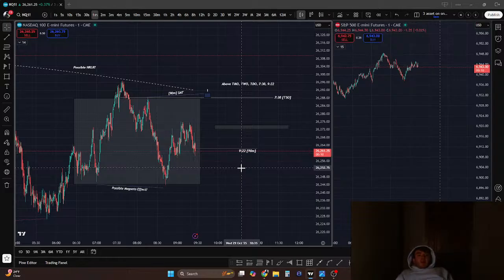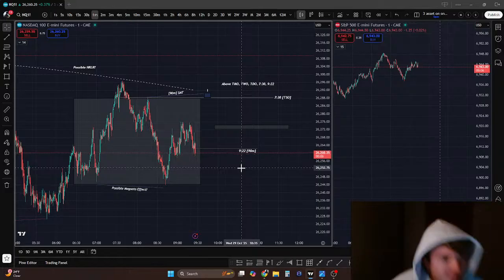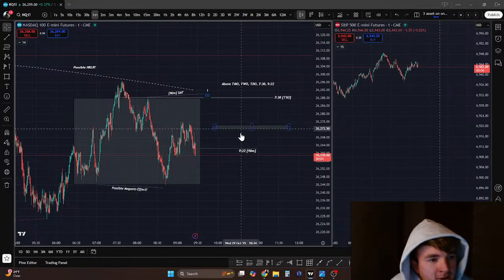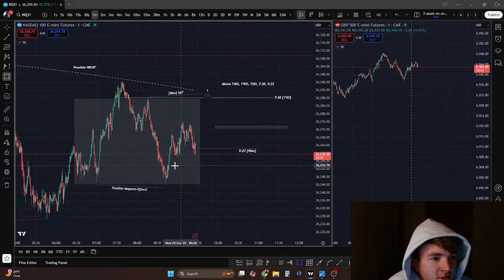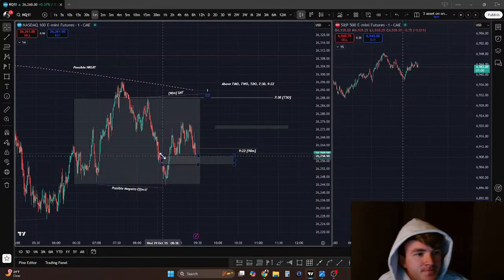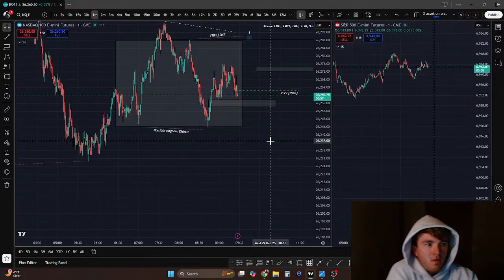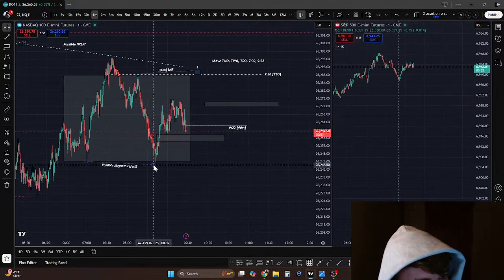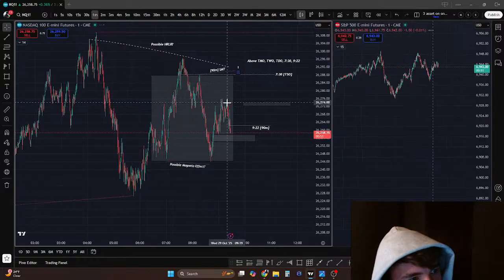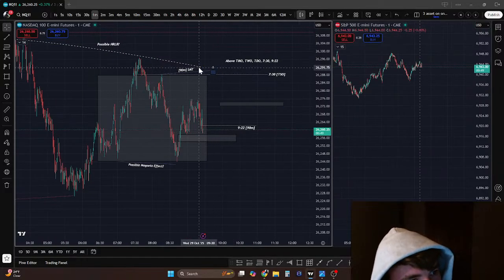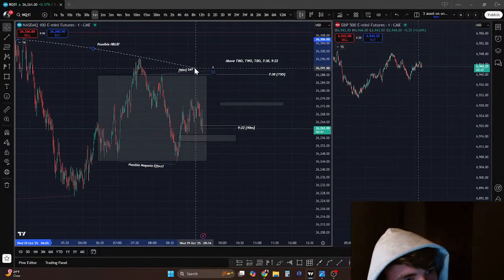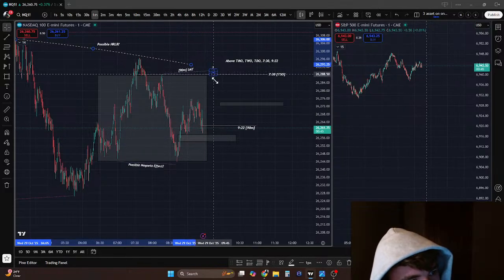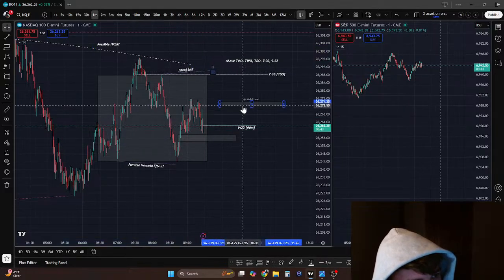Just gonna be patient. Once again, maybe this ends up being a fair value gap to go higher, right? Maybe this is a 2022 model here to go higher. Just being patient. Honestly, I kind of want to see my ideal situation here where we induce the high, then 2022 model down.